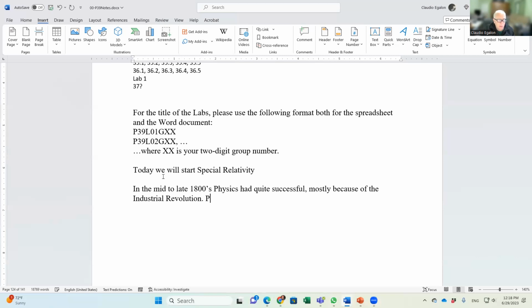And the physicists were so proud of their accomplishments that they started declaring that there was nothing else they had to invent, or discover, which would be the end of physics.